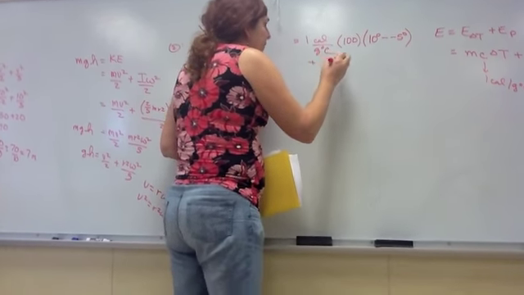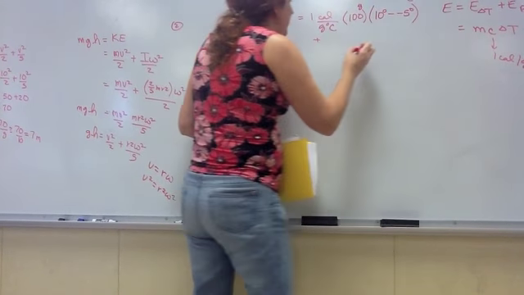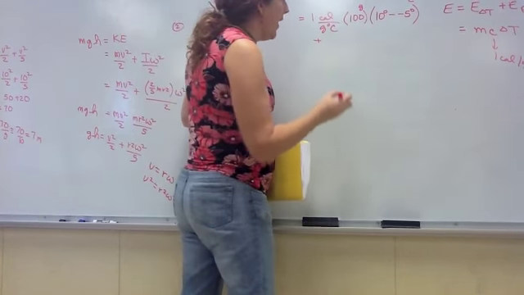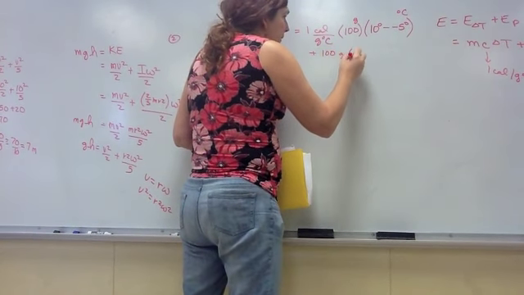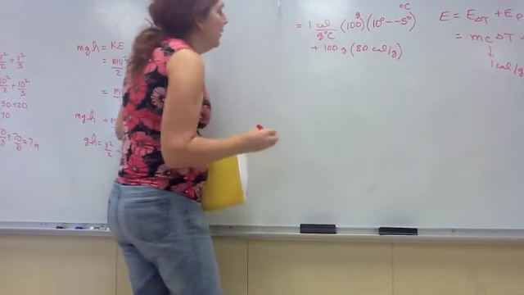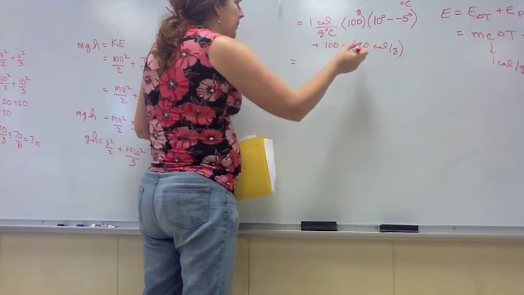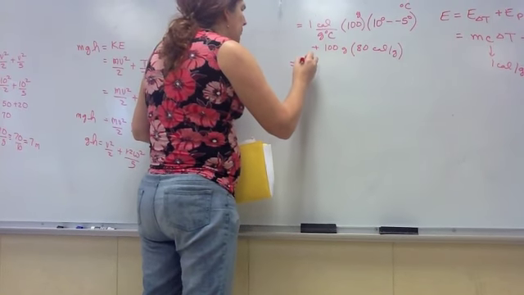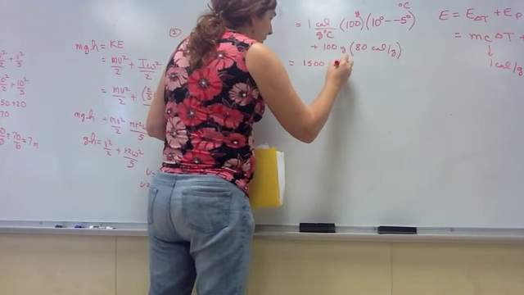This is grams, and this is degrees Celsius, so we'll be left with units of calories. Then we have 100 grams times 80 calories per gram. And so we end up with 100 times 15, which is 1,500, plus 800.